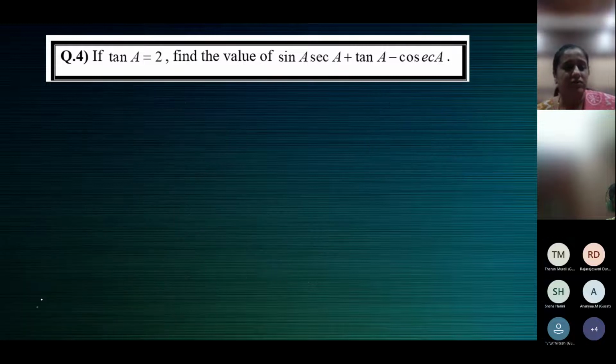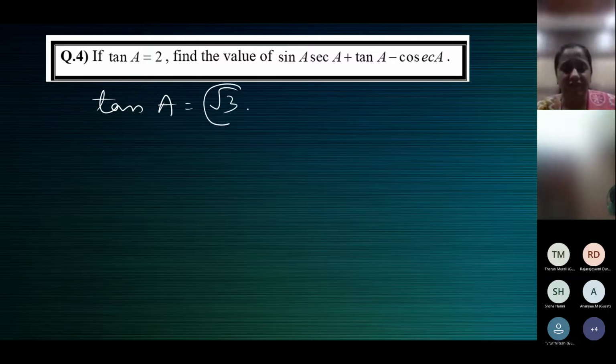So what have you understood now? If the value is a standard value, supposing tan A is given as root 3, if you can find this value in the table, then you can find the angle itself. So you should say tan A is equal to root 3. Tan of what angle is root 3?